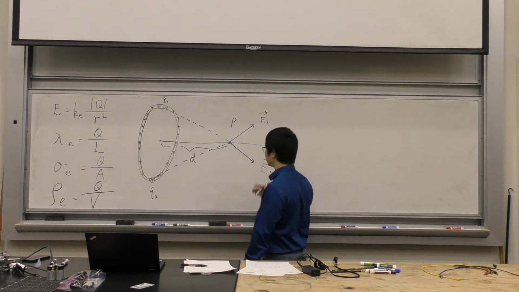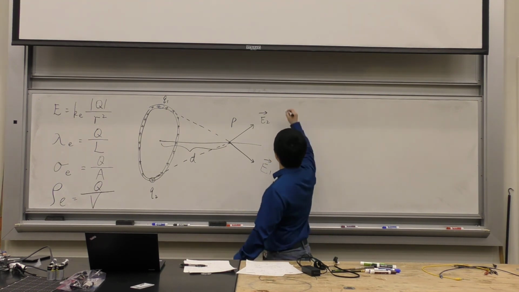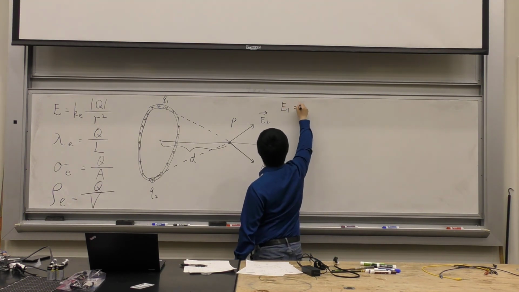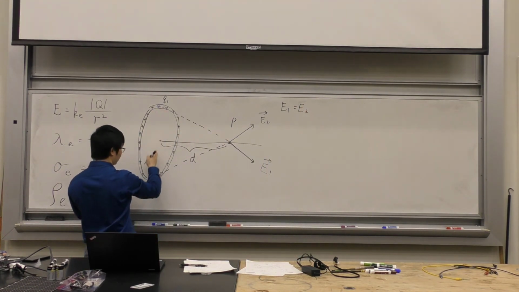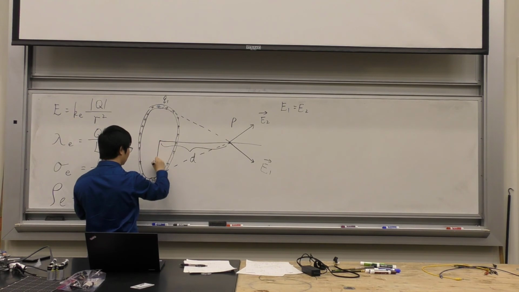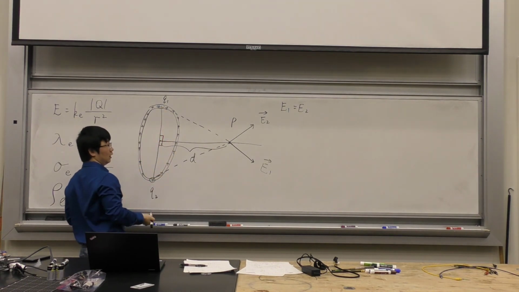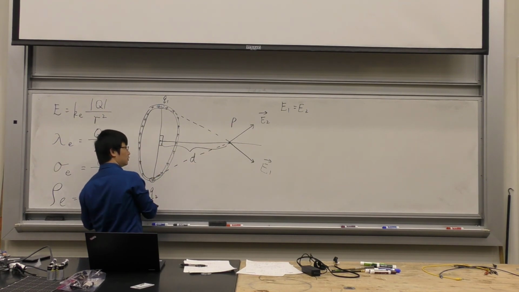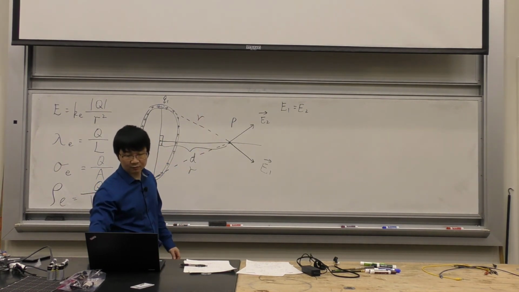So these two electric fields, the magnitudes are going to be the same, right? E1 is going to be equal to E2, and because I picked this one right at the top, this one right at the bottom, these two right triangles are going to be identical, right? So the hypotenuse is the same, the angle is going to be the same, right?